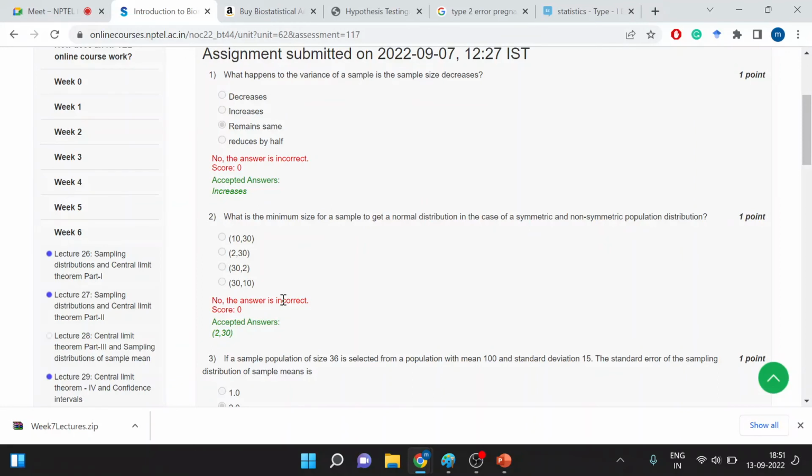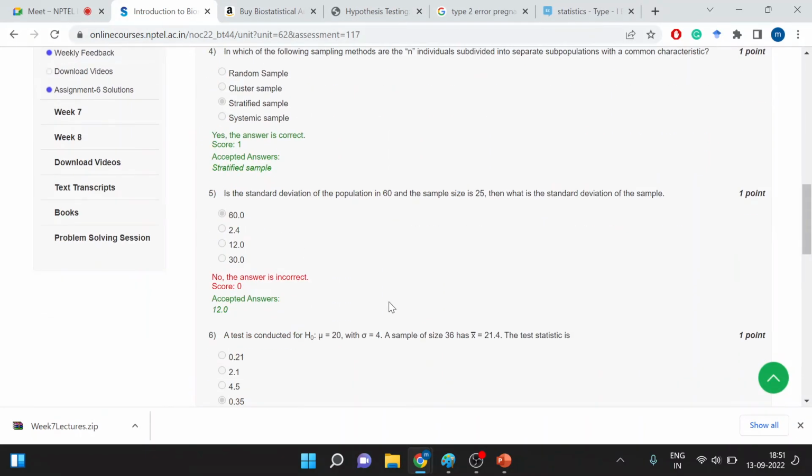Actually, you told which one is 60. Question number 5: the standard deviation of the population is 60 and the sample size is 25. You told that the answer will be 60, and in your notes also it is 60, because you told that the sample size is 25, very less, so the sample standard deviation will not be much less than that.